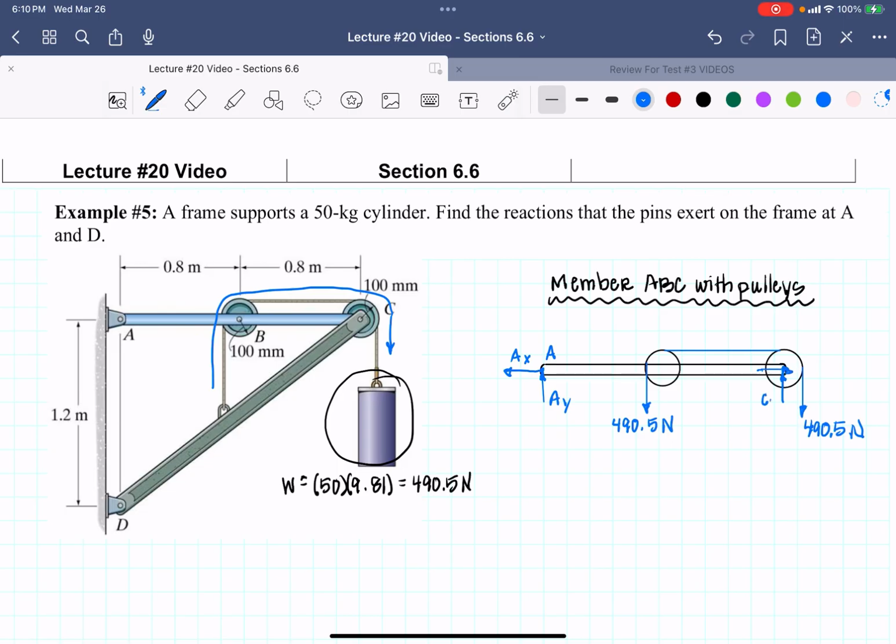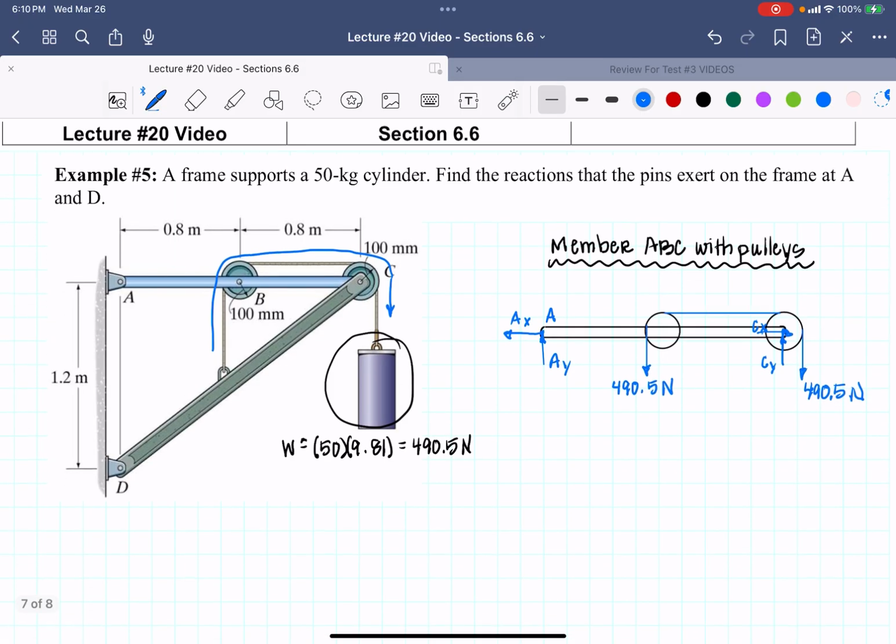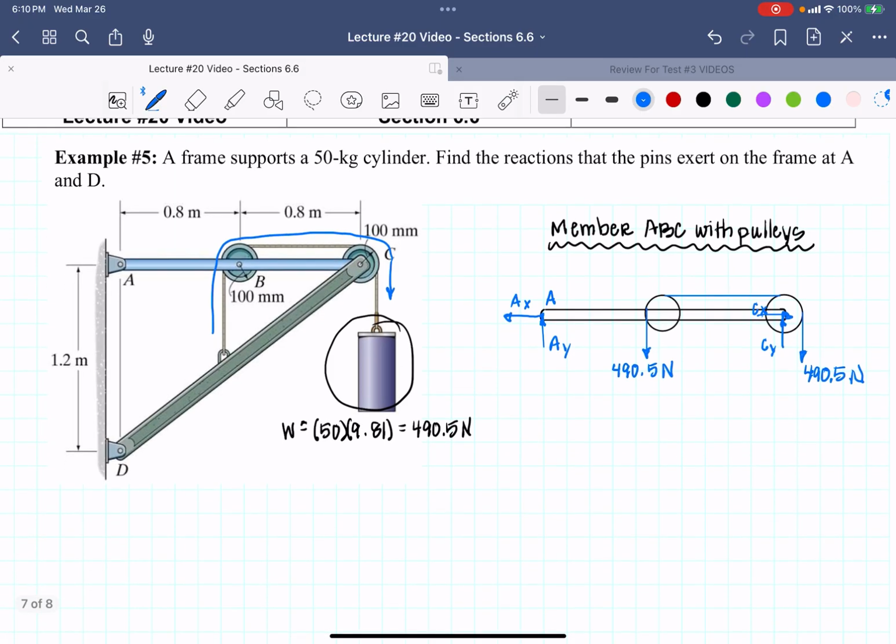So I'm going to have a CY and a CX, and that's going to be my free body diagram. Right now, looking at this, I have 4 unknowns. So I'm not going to be able to solve for all the unknowns with this free body diagram. I'm going to have to do some more work.